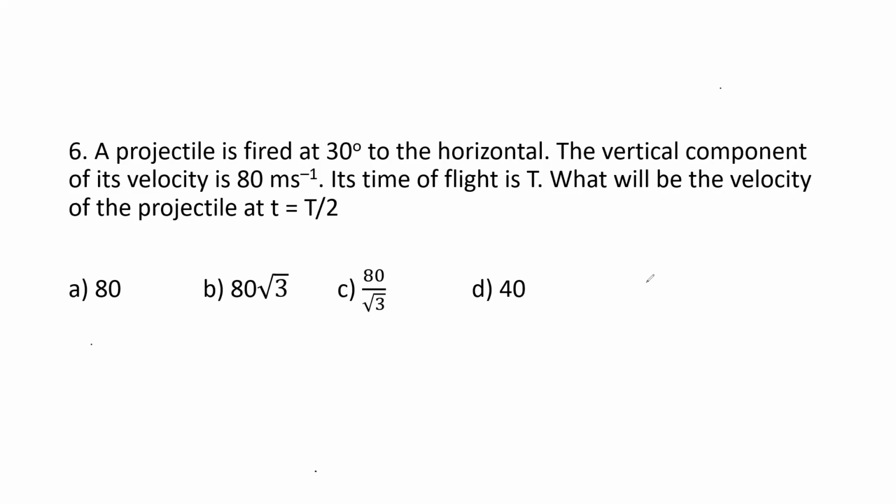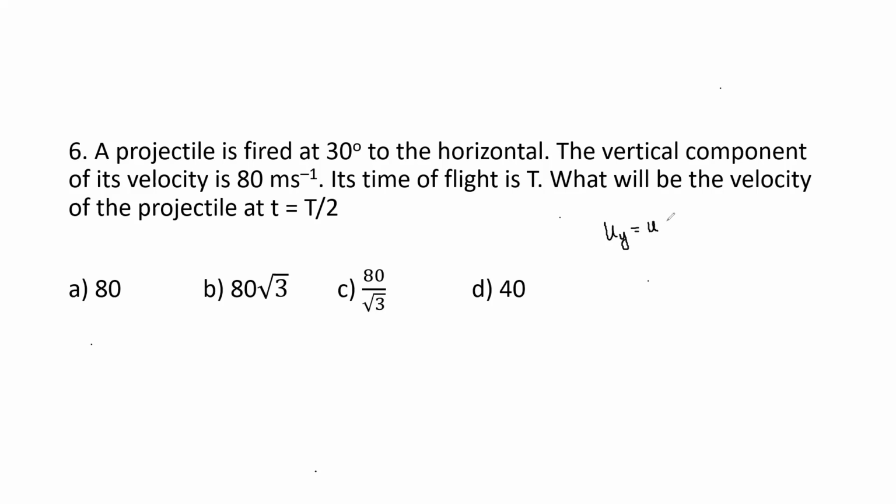See here, as the components will be there, we cannot take it directly as t by 2, in the sense that it becomes 40. No, it is not like that. Here we need to do the solution because as it is a projectile motion, the components will come. I'll take uy as the vertical component they have specified.